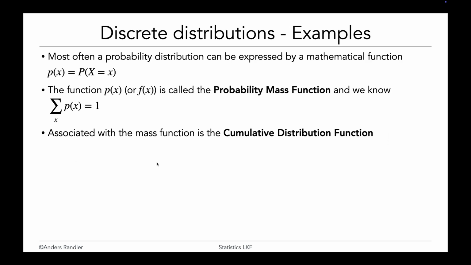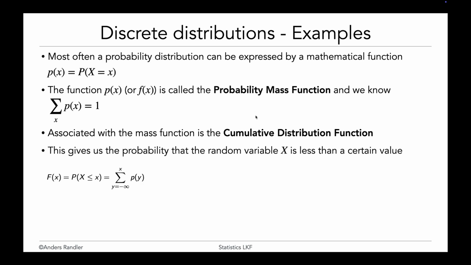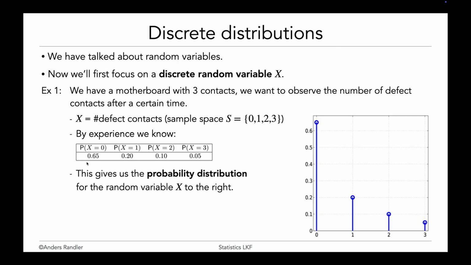And associated with the mass function is the cumulative distribution function. And what is that? Well, of course it's related, but what it actually means is you will add all the probabilities up to a certain value. So the cumulative distribution function for instance, 1, in the case on the last page, would be if you add these two together.